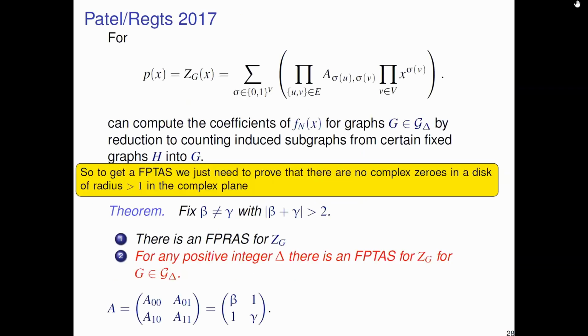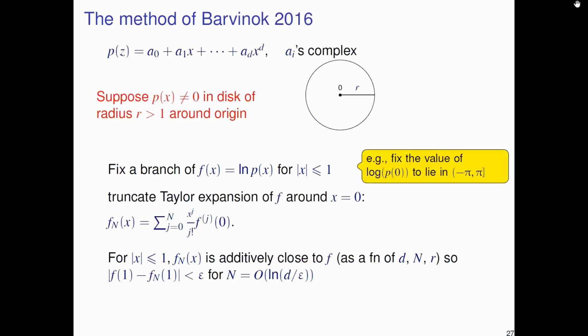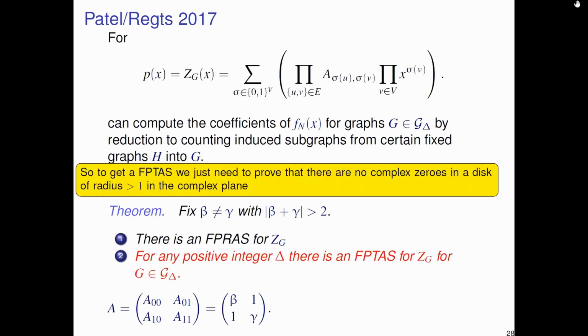Now, the second step. We've got our polynomial, which is our partition function, with 2 to the n terms. Log of 2 to the n, that's looking lovely. But we have to compute all the coefficients of this truncated Taylor series.